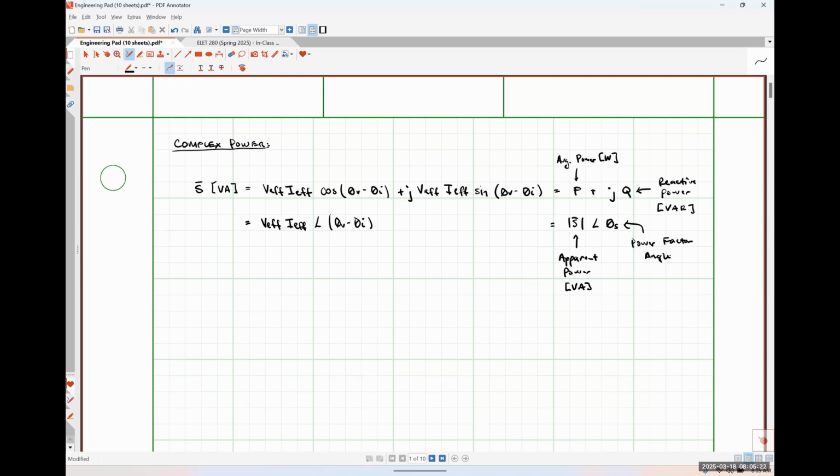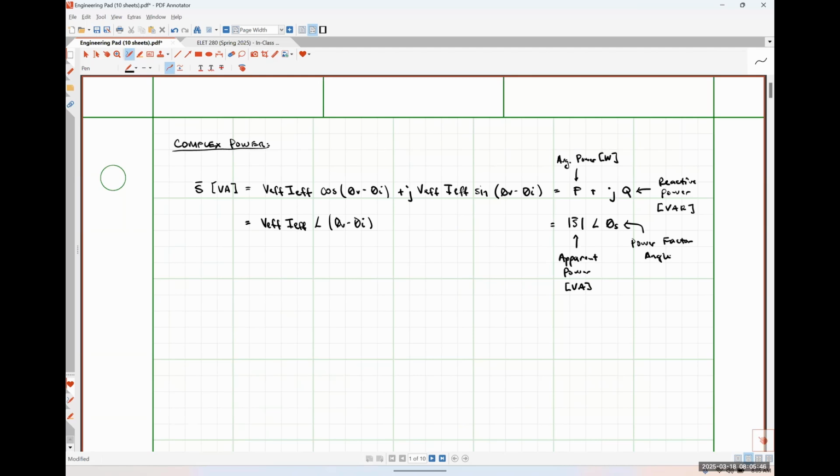So the first thing that I want to introduce that's new to you today is what's called the power triangle. The power triangle is nothing more than a graphical representation of these relationships. And I find it to be a very handy way to remember which parts of complex power are doing which things.